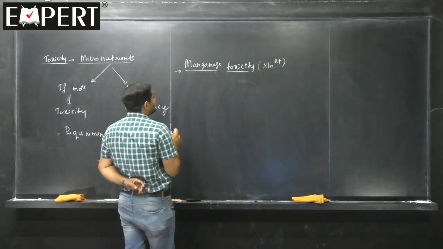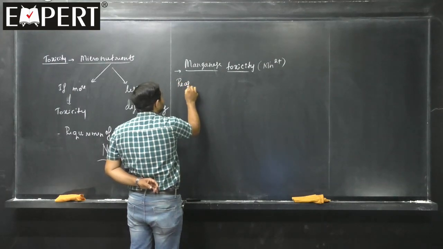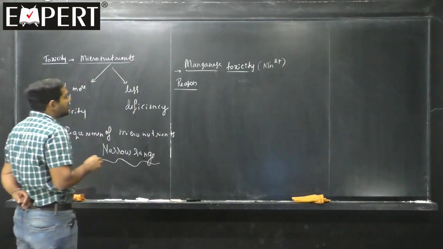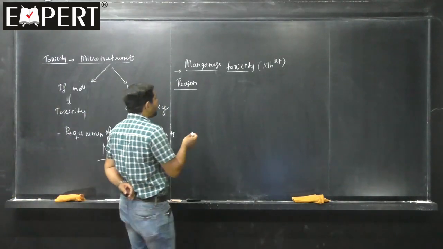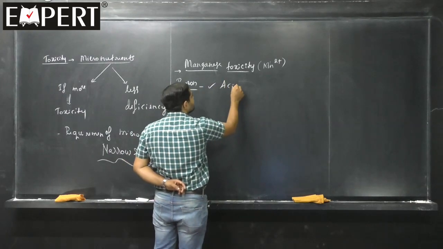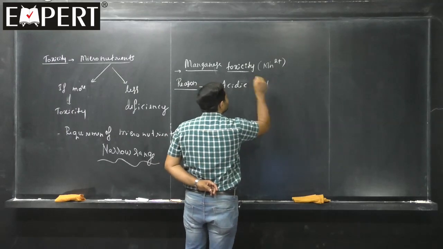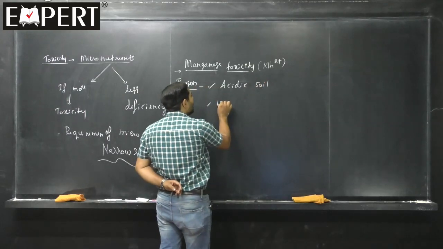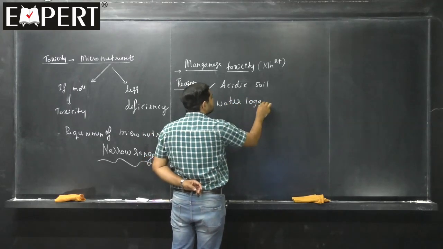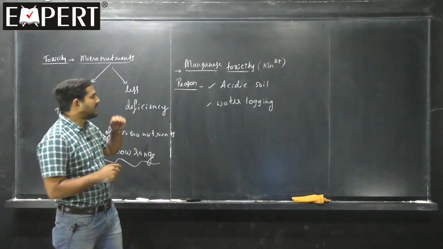First of all, what is the reason for manganese toxicity? The reasons are, one, acidic soil, and second, water logging. Let me explain one by one now.